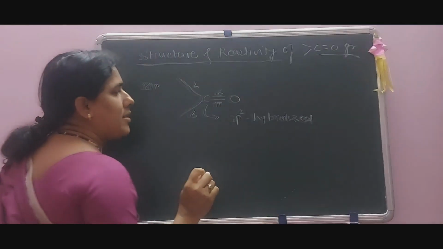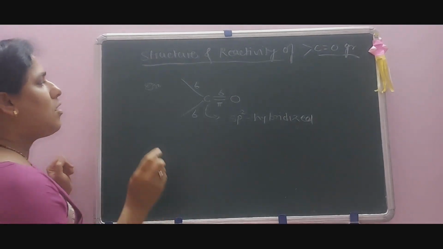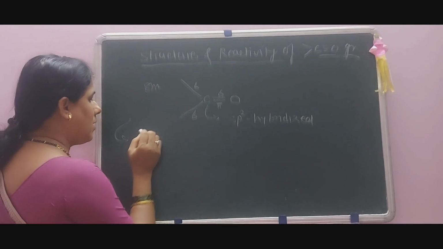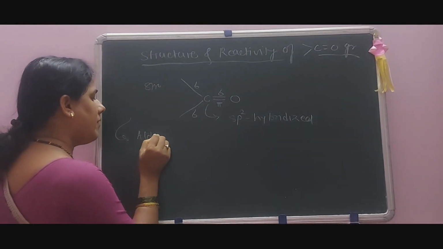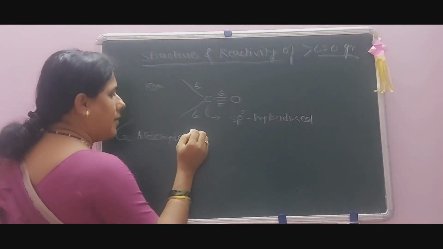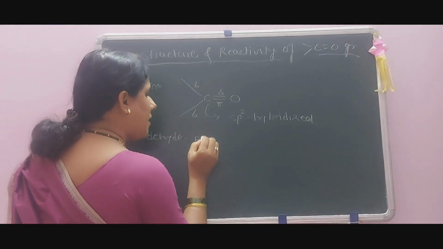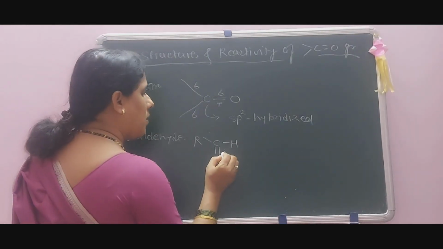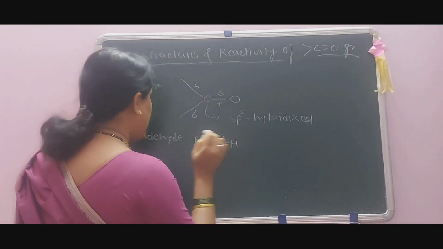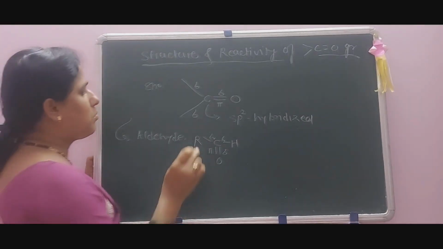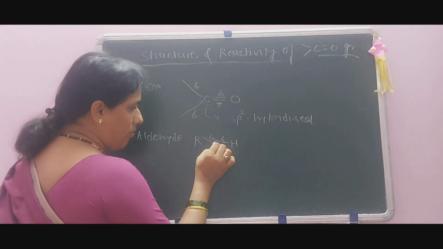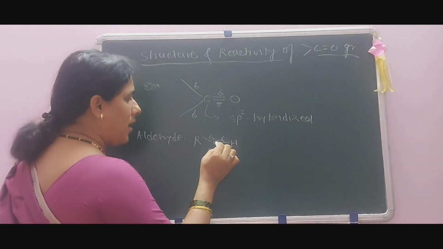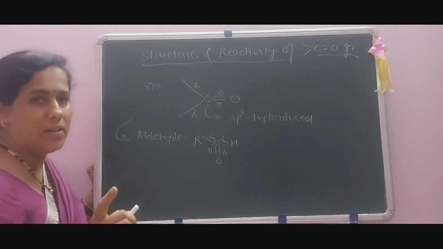The sp2 hybridized orbitals of the carbonyl carbon make the bonds. When we consider an aldehyde, what is the formula? It is R, C, H and O. How many sigma bonds here? The sp2 hybridized carbon atom is bonded to one alkyl group, one hydrogen and one oxygen atom.